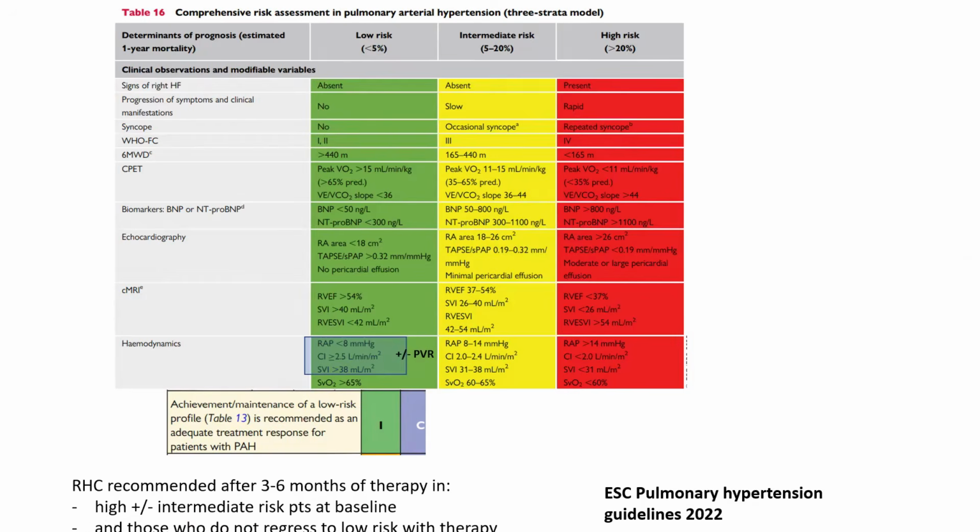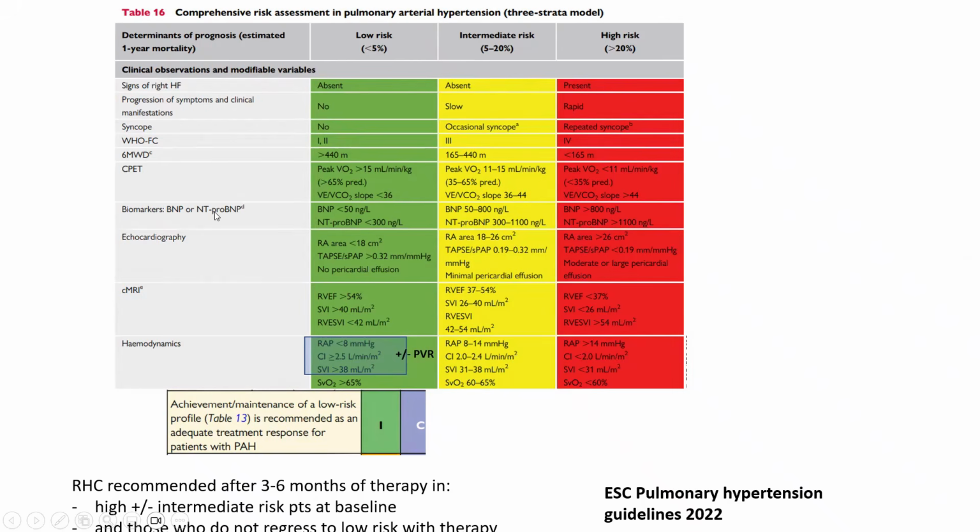Before you start treating the patient, besides considering the left HFpEF phenotype and considering the cardiopulmonary comorbidities, classify the patient into categories of risk: low, intermediate, or high. And that classification depends on the clinical features, mainly NYHA class, 6-minute walking distance, but also physical signs of right heart failure.